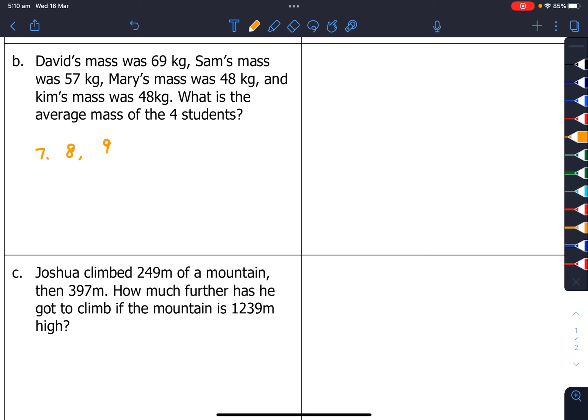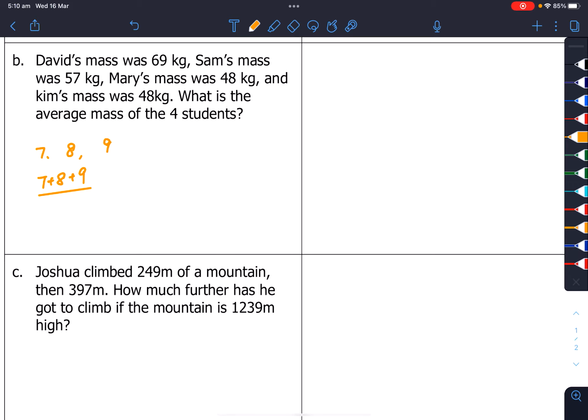So average will be, we calculate total 7 plus 8, then plus 9. And then divide by the number of the data. We call the number data. Well, we have 3, right? So you just divide by 3. So the average will be 24 over 3 equal to 8.